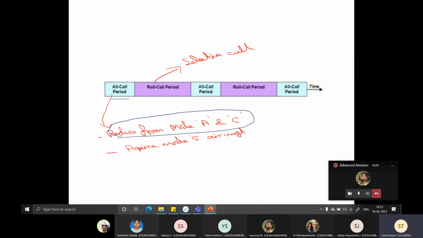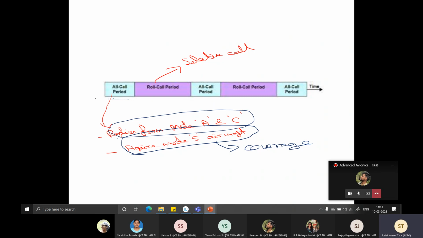Just to keep track, because you don't want to get into a situation where you have traffic with mode A and mode C and you lose them. But primarily during this all call period in mode S, you try to acquire all mode S aircraft in that coverage area. Whatever is there in the coverage area, you try to acquire them.